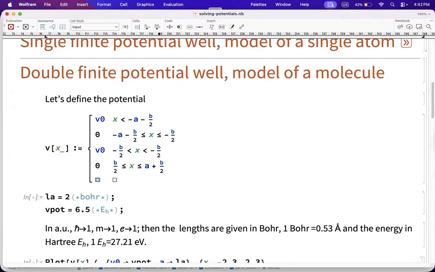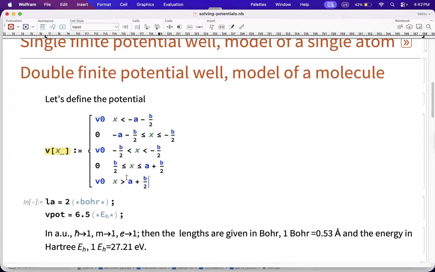And finally, Control Enter, V0 when x is bigger than A plus B over 2. Tell me: 1, 2, 3, okay, minus B over 2 till B over 2, correct?